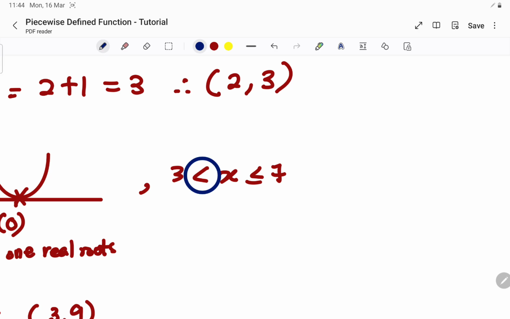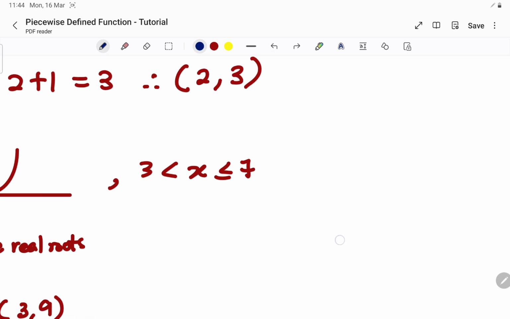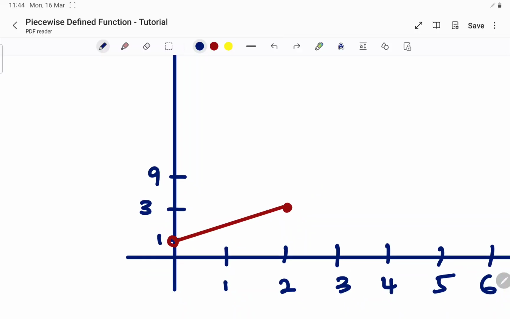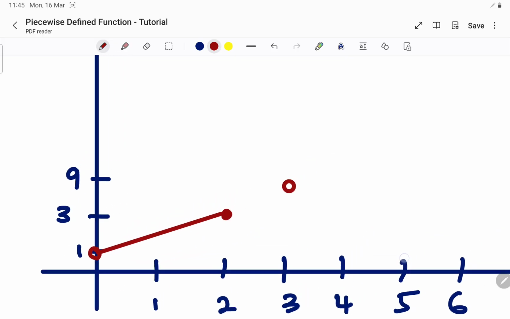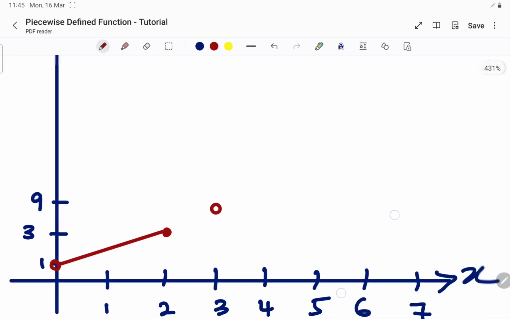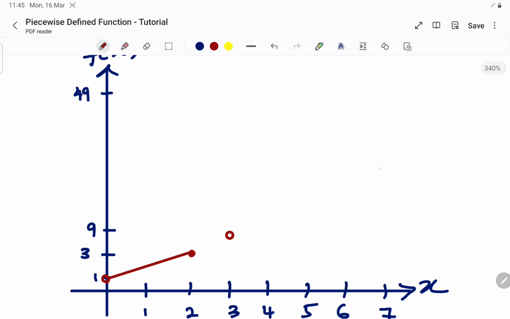Okay, and then if you see here, this one is actually less than, so you don't need to draw a dark circle. You just use a circle with empty space inside, like this. Okay, and then the next one is 7, 49.